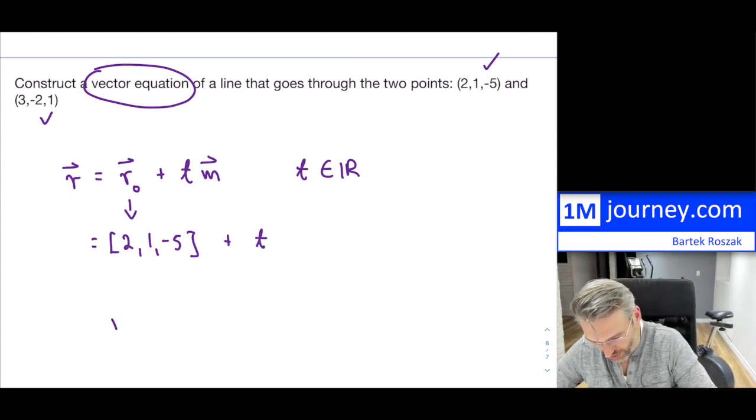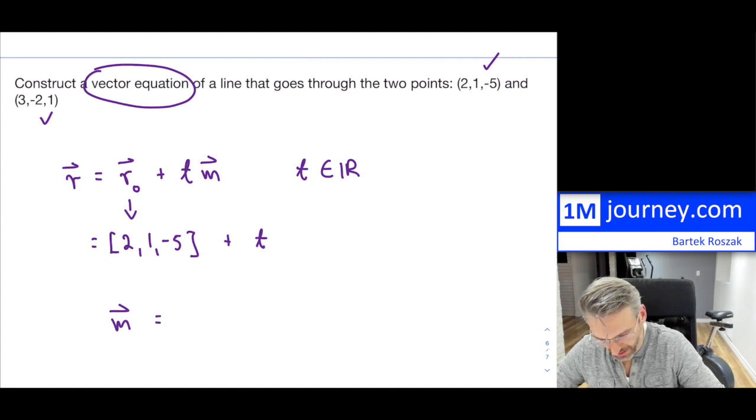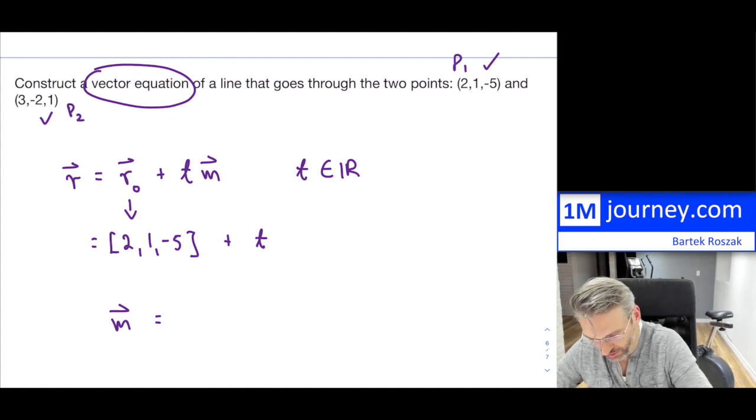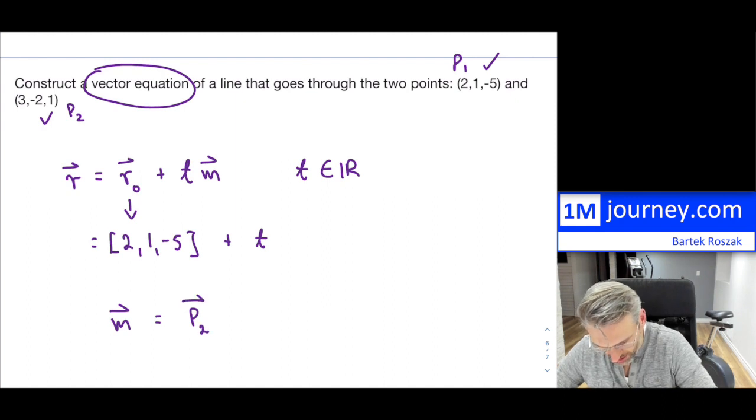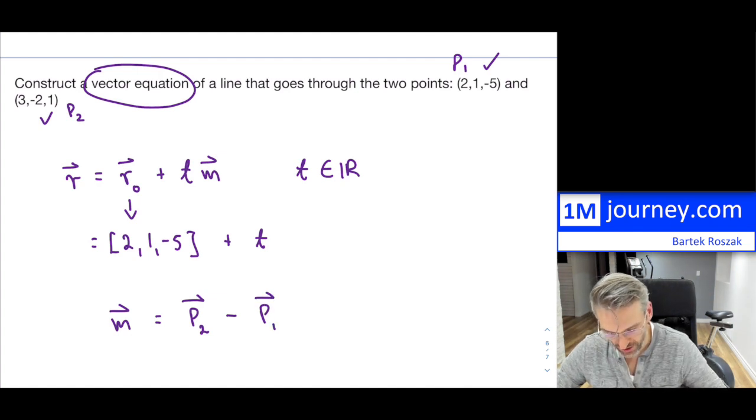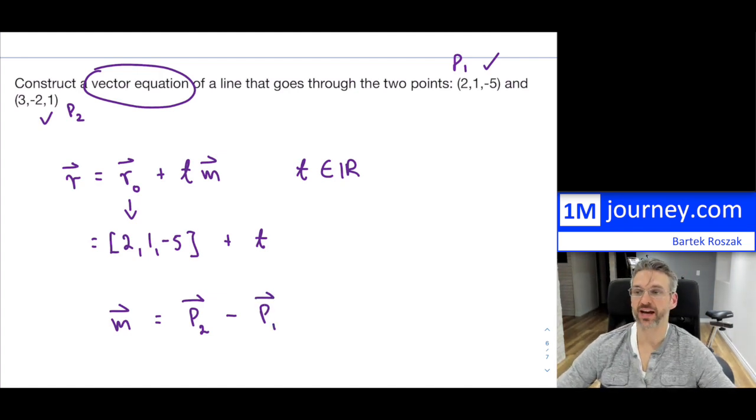In order to construct our m right here, let's call this point P1 and this point P2. Those are my actual points. With the vectors attaching to those points, I can subtract the 2 vectors, and of course it's going to give me the vector which is parallel.